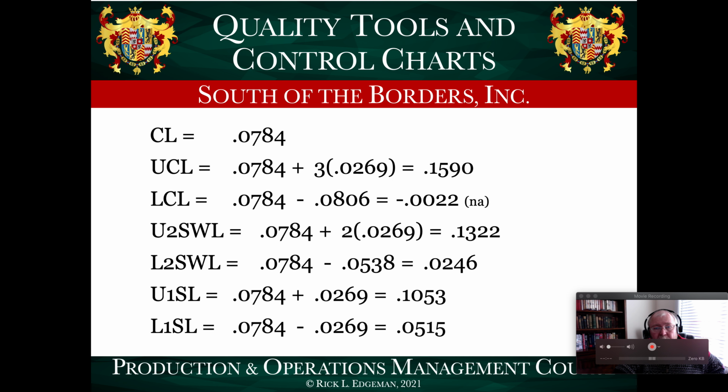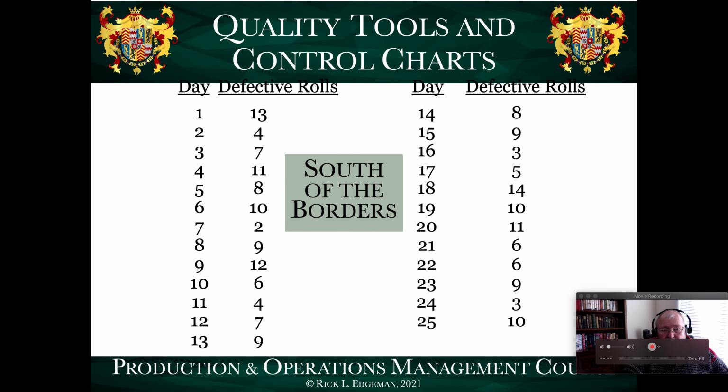Pattern 2 is 9 consecutive points above the center line. Well, to be above the center line, functionally the only possible values, like I said, are 0.01, 0.02, 0.03. So it would take 8 or more defectives to plot above the center line. Do we have any place where that happens 9 consecutive times? 13?